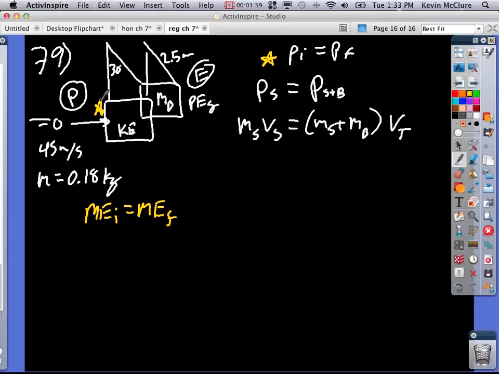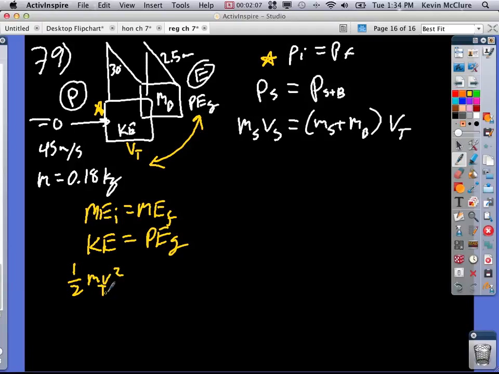But after the collision, this box has some velocity, V total, and from here to there, energy is conserved because it's after the collision. So the energy of the ball is not conserved to the box, but the energy of the box to the box is conserved.